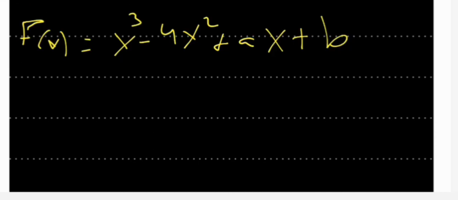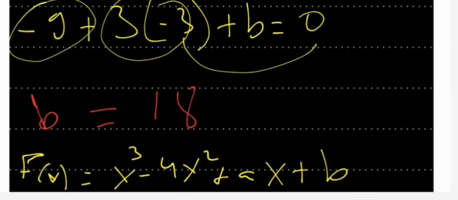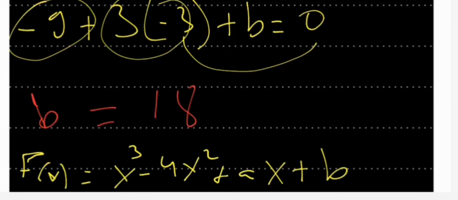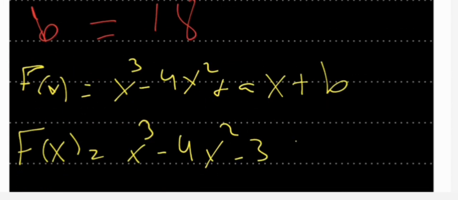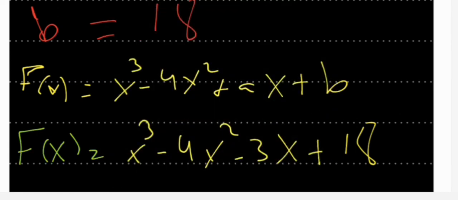But now, when one holds, f of x equals x cubed minus 4x squared plus a, but a is minus 3, so minus 3x plus b, and b is 18. So this is the one that we are going to use now.